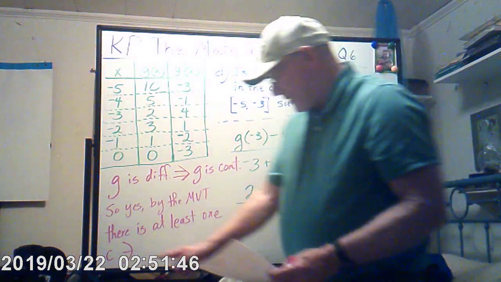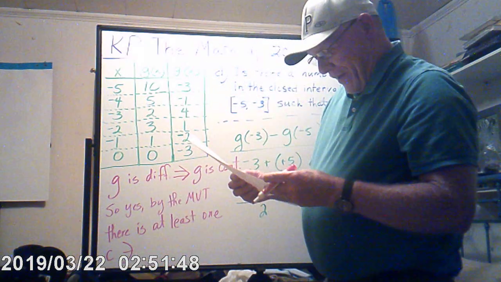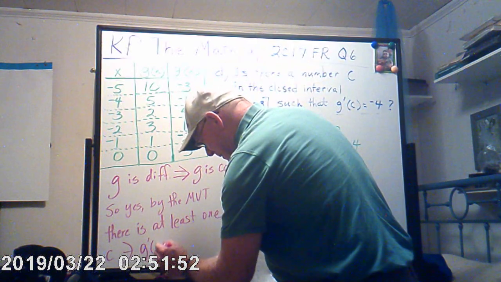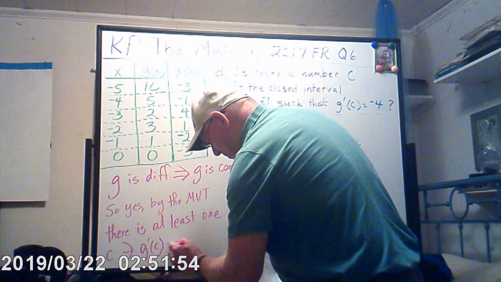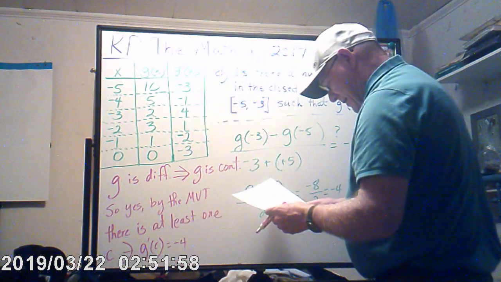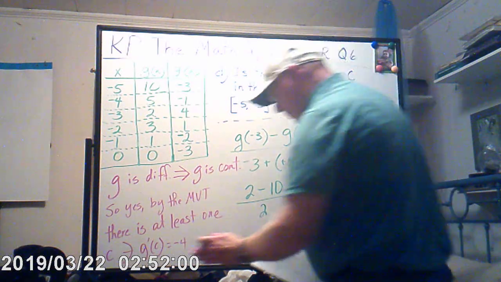That does mean such that, g prime of c is equal to -4. Now, you also need to state there is at least one c.